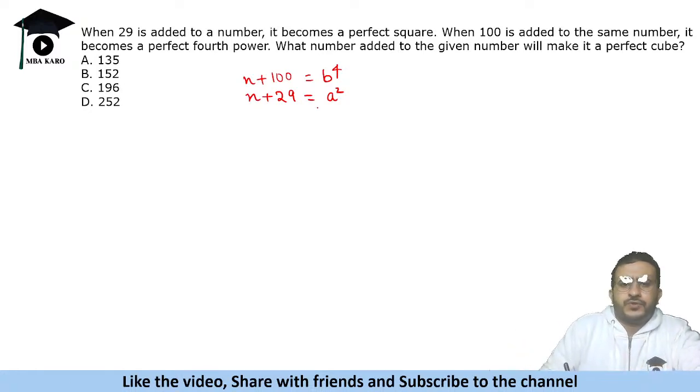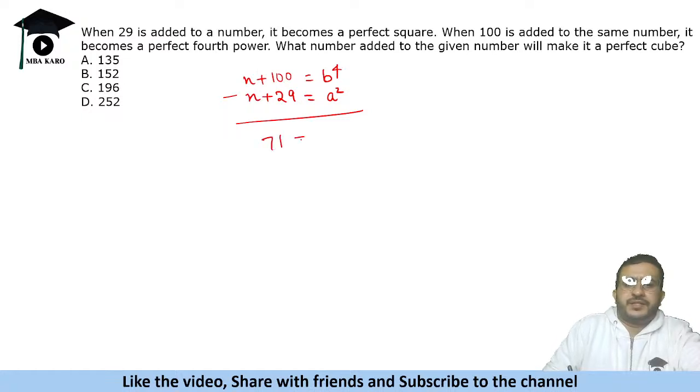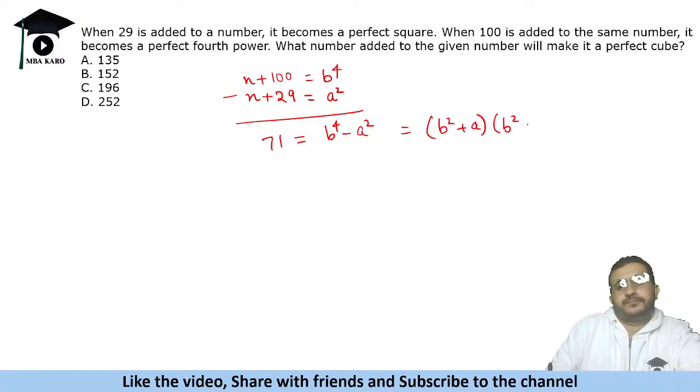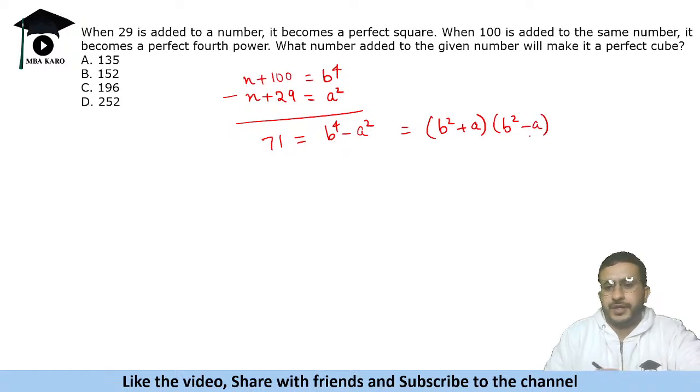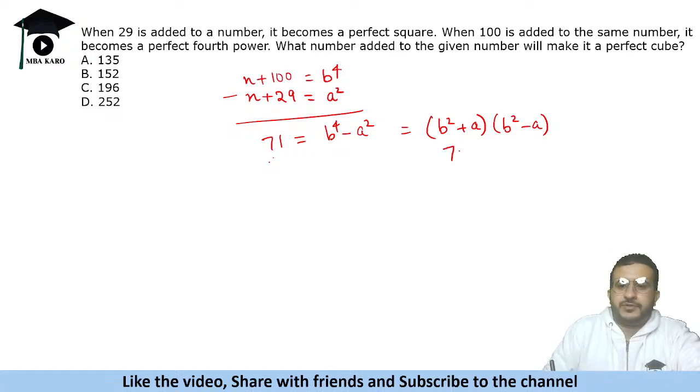So when we subtract this, we get 71 is b to the power 4 minus a square. Now 71 is a prime number, so one of these should be 71, one is 1.